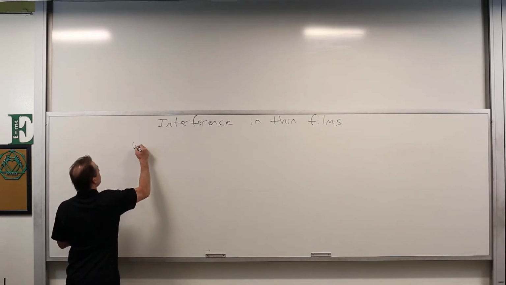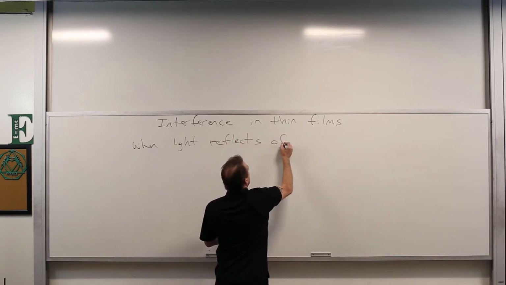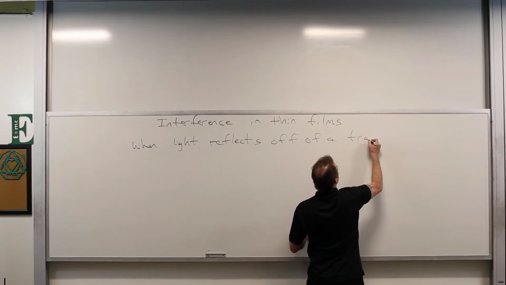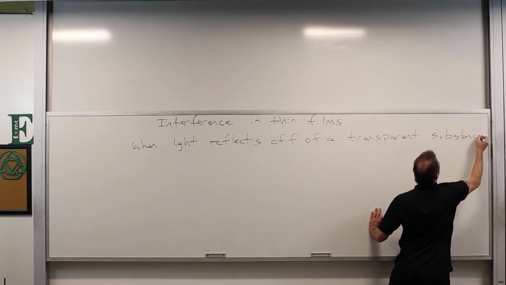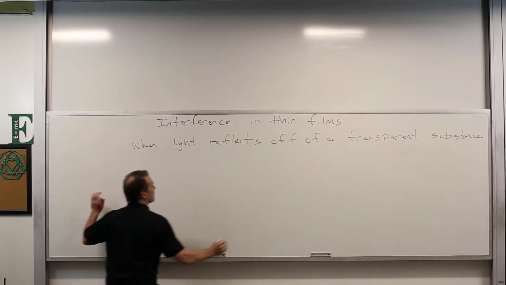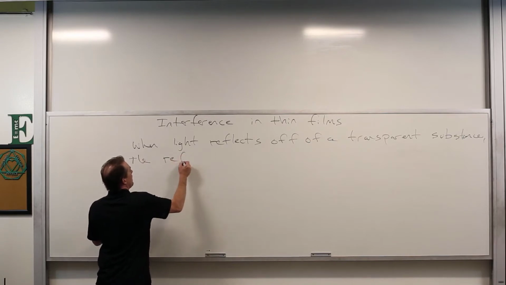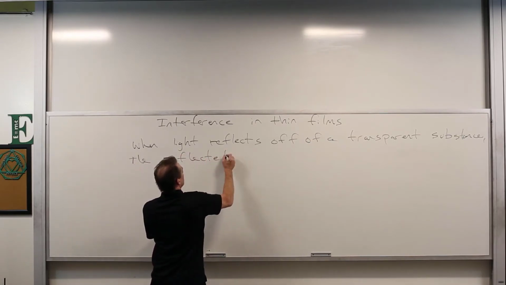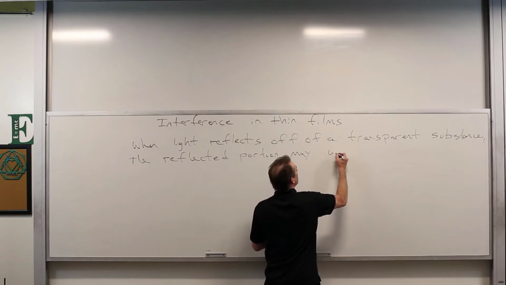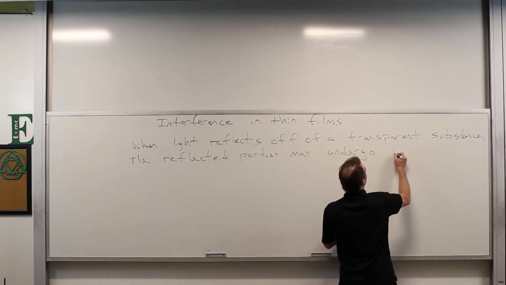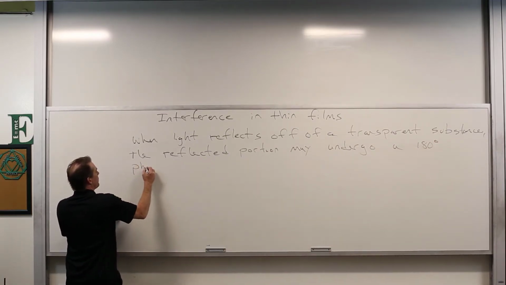So, when light reflects off of a transparent substance, the reflected portion may undergo a 180-degree phase shift.